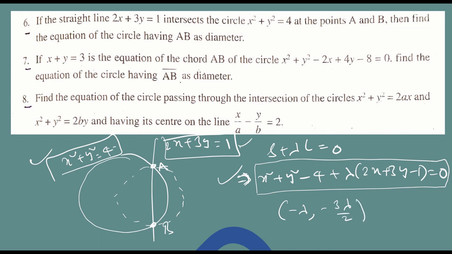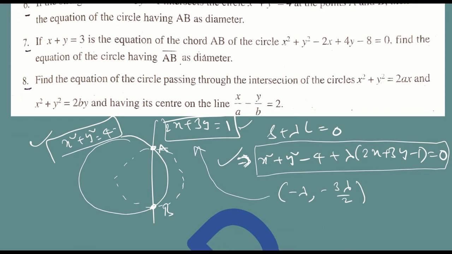Now that is the center. Substituting this in the equation of AB, I'll get minus 2 lambda minus 9 lambda by 2 equal to 1. Now you simplify this for the value of lambda and put that value of lambda back here, simplify, you get your circle equation. Okay, let us move on to the next problem.